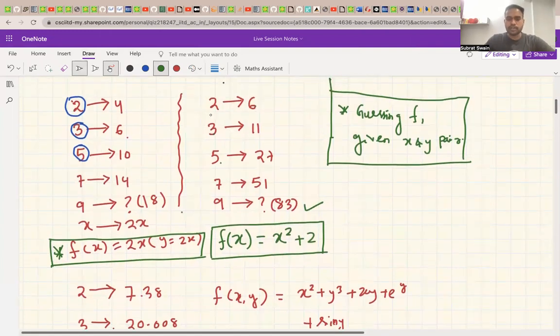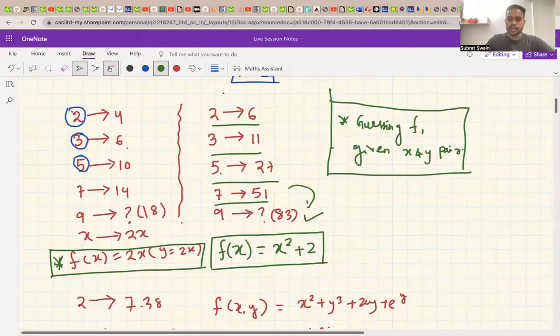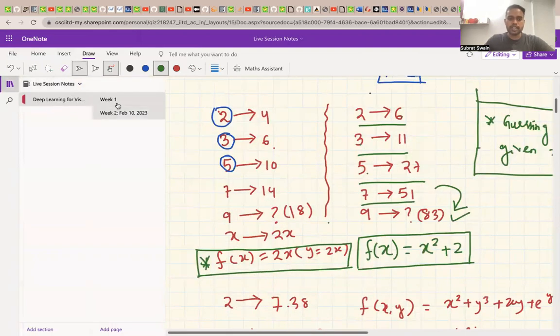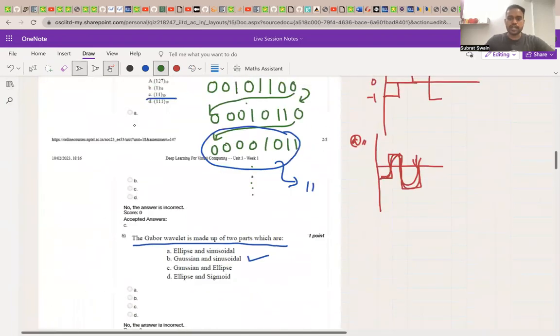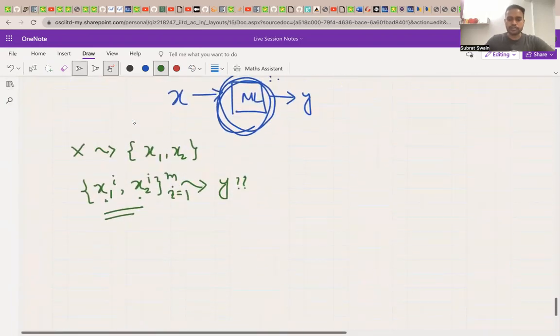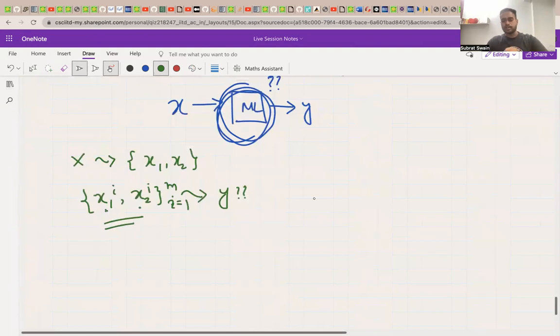You're basically looking at these pairs and predicting that this function is x square plus 2. But if the pattern is very vague and the function is very complex, it will be very tough for us to predict what function this is.